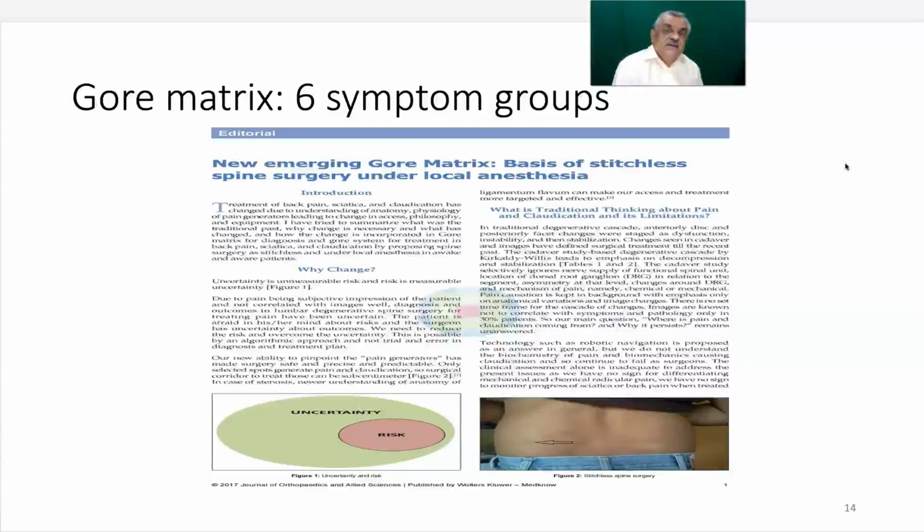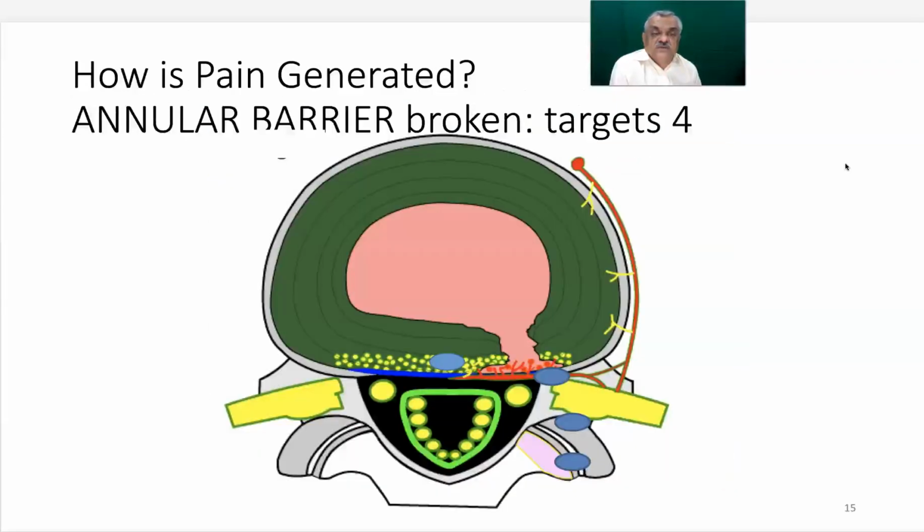Unnecessarily in the past, we were taught that the symptoms are infinite, and we were lost in the descriptions, lost in the descriptors, and we were told that in the majority of patients we cannot make a diagnosis. Now that is not true. We can definitely diagnose the patients, and we can make a meaningful contribution to their treatment. Now, we will come down to the basic question as we mentioned: where is the pain coming from?